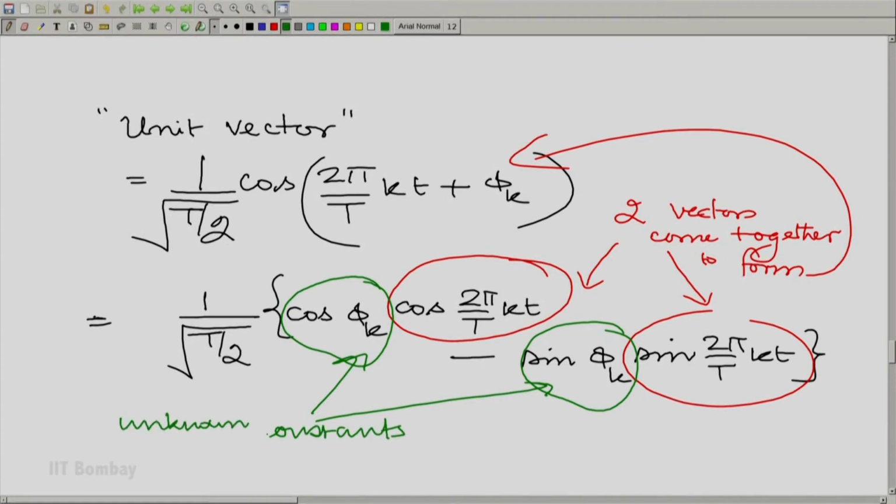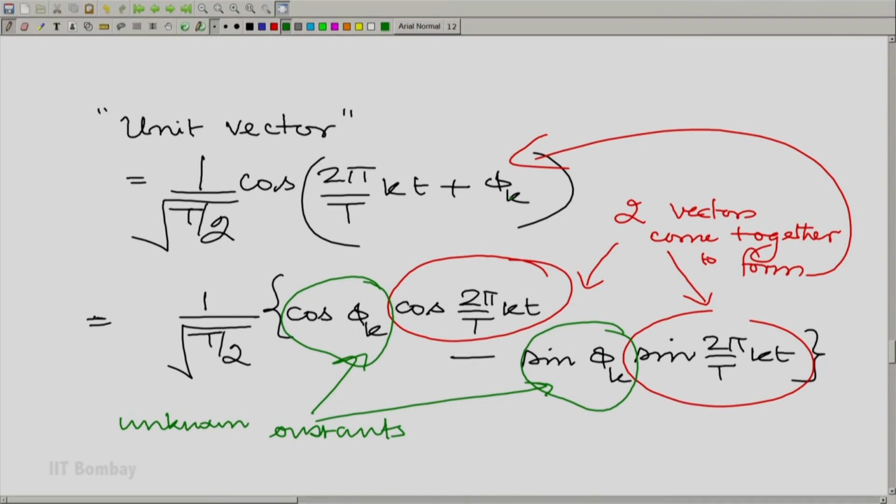And all that I need to do is now to think of the problem of decomposing x(t) into its component along this particular angular frequency as two problems, decomposing it into the component along cos and the component along sine. And I know that cos and sine are orthogonal. So, now my job is extremely easy. I decompose along the cos, I decompose along the sine, and then I put them together.